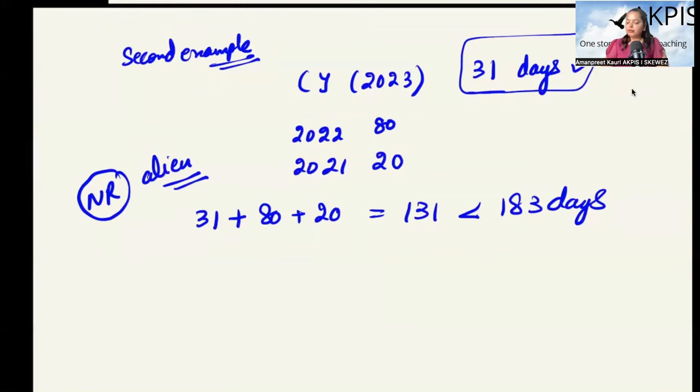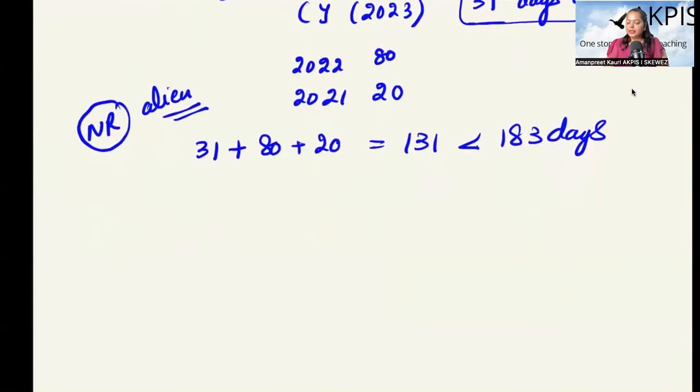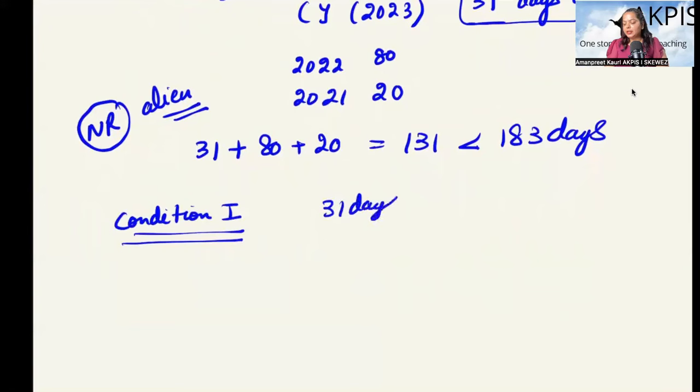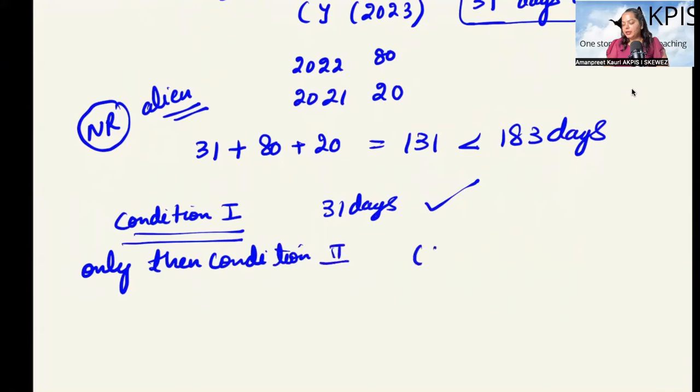So the point to take into consideration is condition number 1: if he is there in the United States in the current year for at least 31 days, condition number 1 is satisfied, only then condition number 2. Condition number 2 is the current year plus 2 previous years.